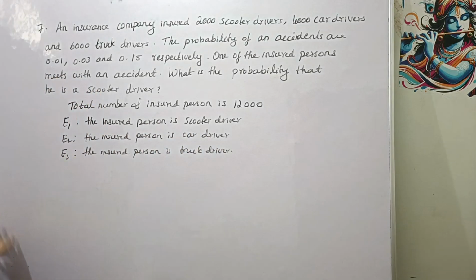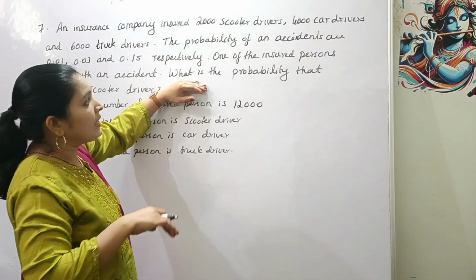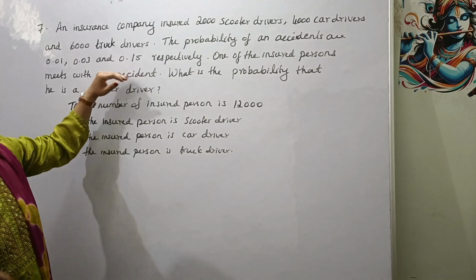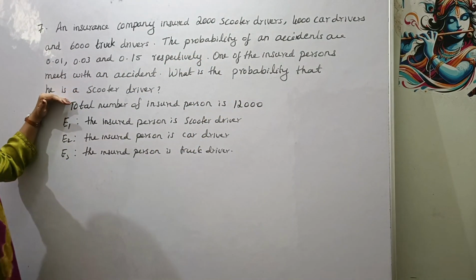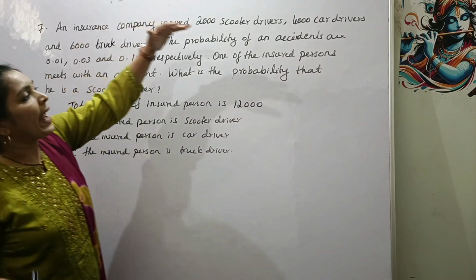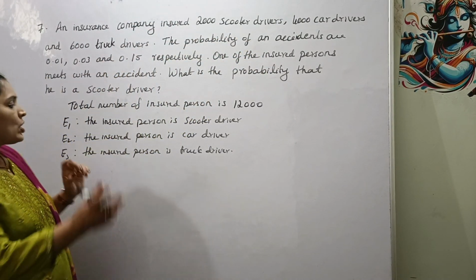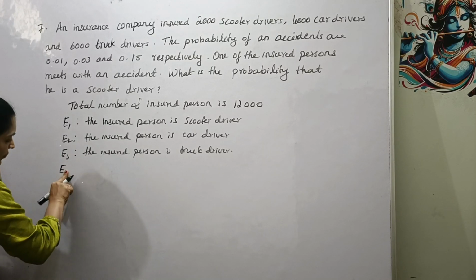Okay. Now, what we have to find? See, what is given? One of the insured persons meets with an accident. We have to find the probability that he is a scooter driver, given that the insured person meets with an accident. Right? So here, what is the event?